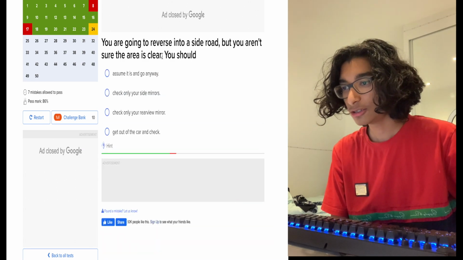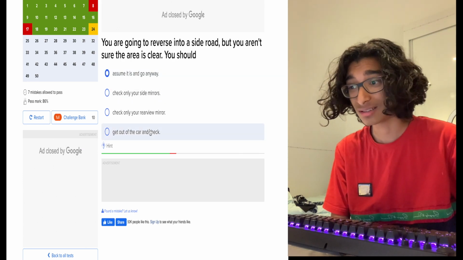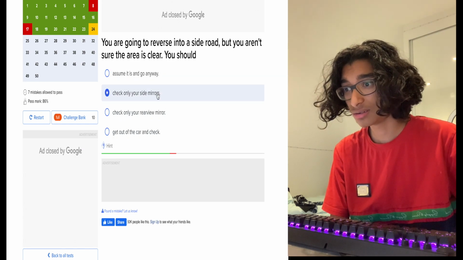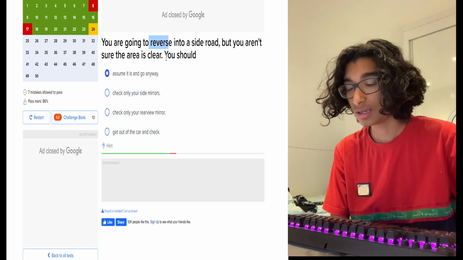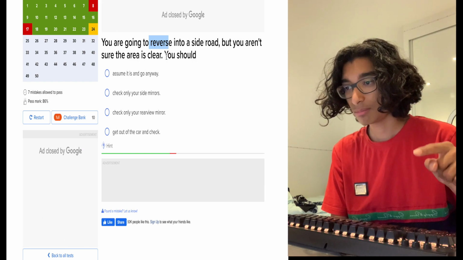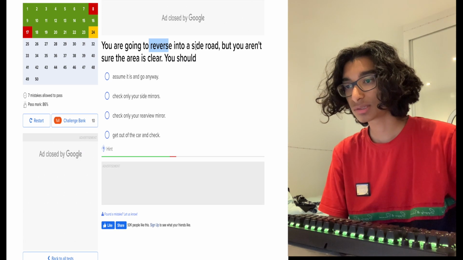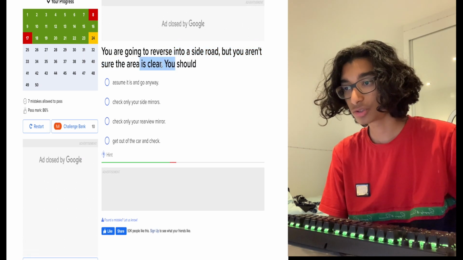Yeah. You're going to reverse into a side road, but you aren't sure the area is clear. You should assume it is and go anyway. That's no. The common sense no. Check only your side mirrors. Okay, wait. You're going to reverse. So I think you would look in your rear view mirror. Check your side mirrors. Okay, but you aren't sure the area is clear.